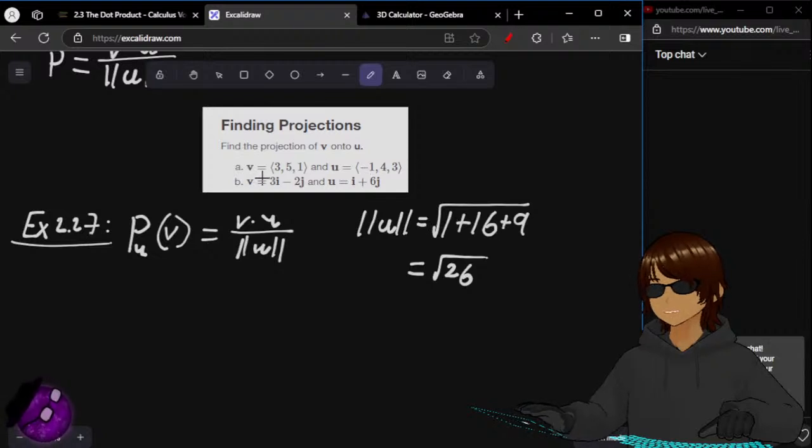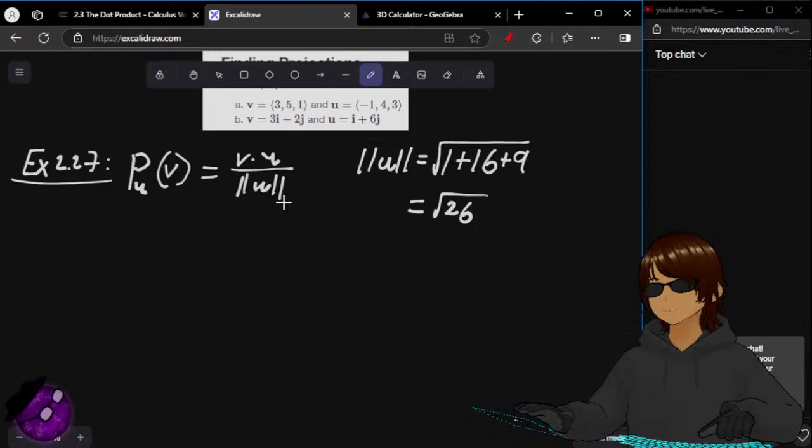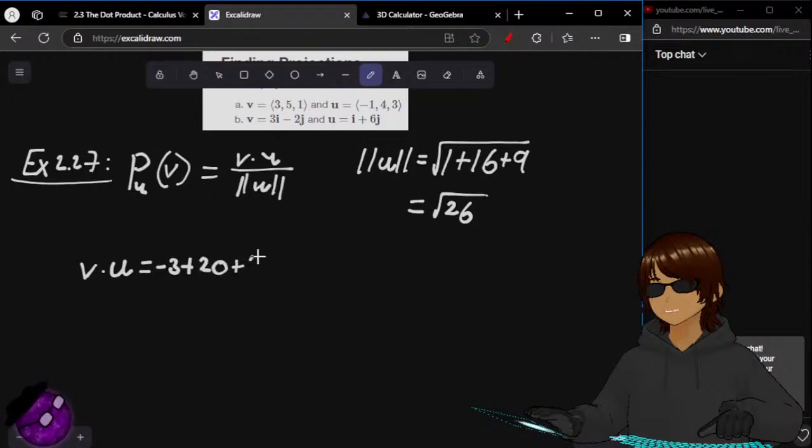And then this gives us a scalar, right? V dot U would give 3 times minus 1, which is minus 3, plus 5 times 4 is 20, plus 3, which is 20.